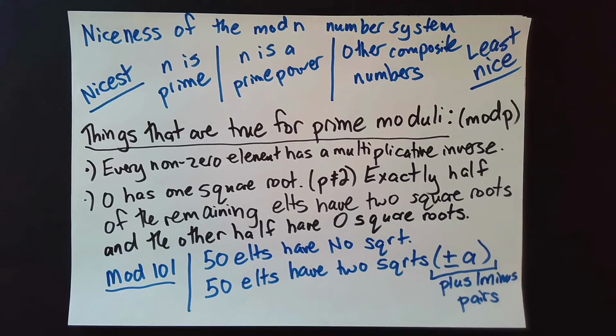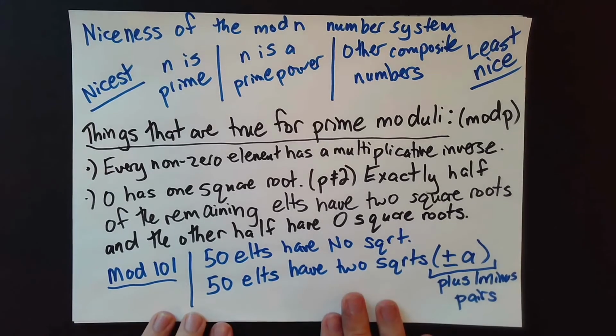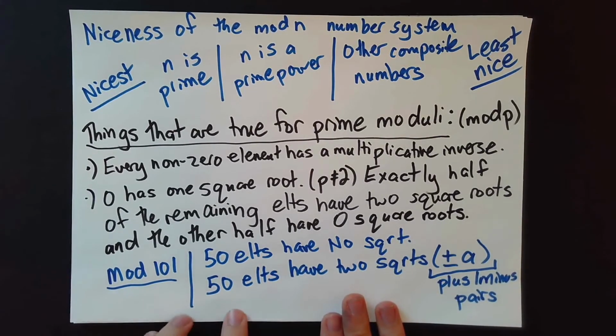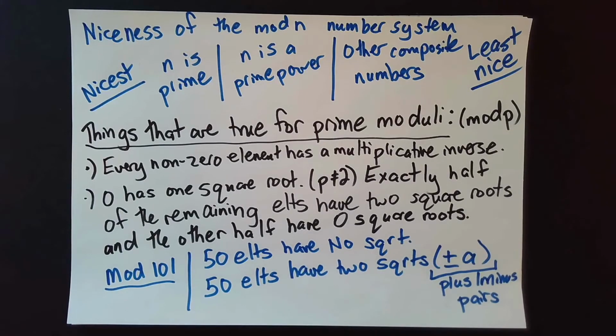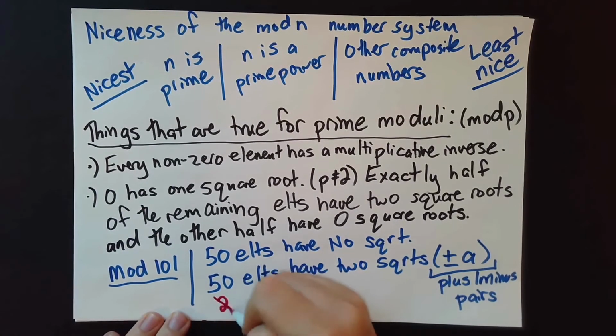Now, one of those you should have been able to answer. Namely, you should know immediately that 4 has a square root mod 101, because 2 is definitely a square root of 4 mod 101. Likewise, so is 99, which is minus 2. Just in case you're curious, I'll tell you the first few. 2 does not have a square root mod 101. 3 does not have a square root.